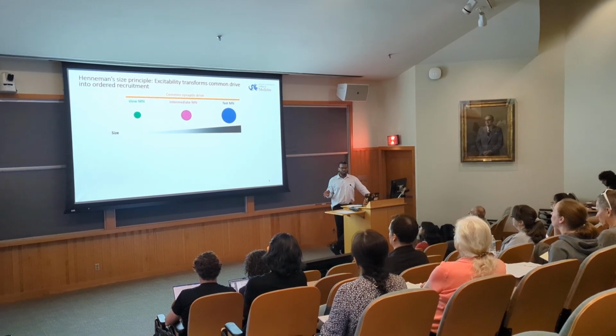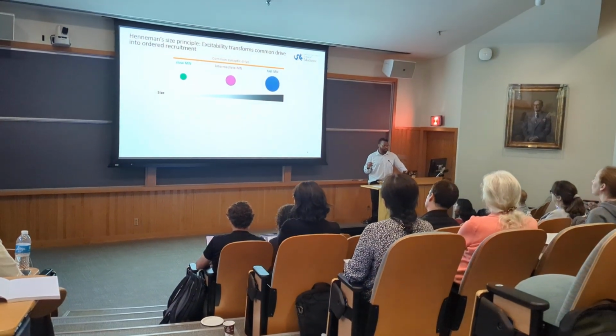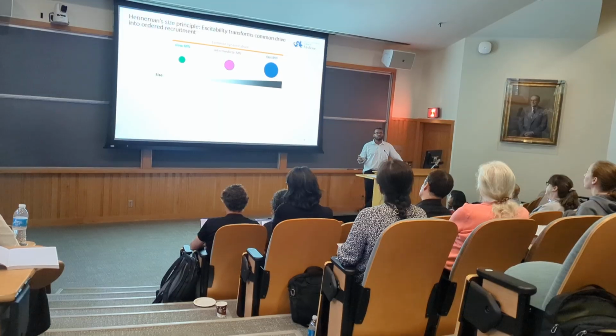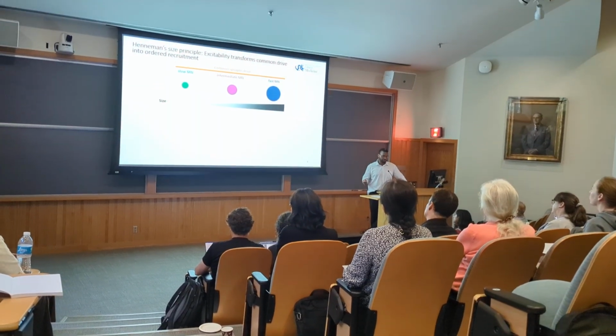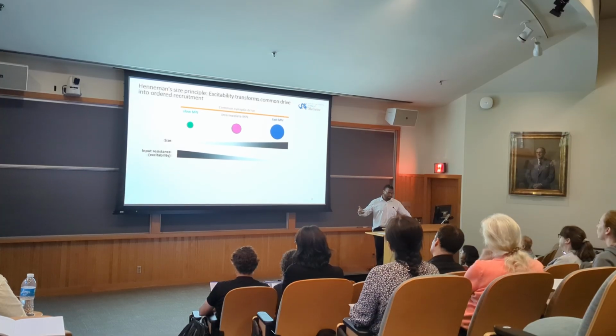The classical explanation assumes that motor neurons within a motor pool receive broadly shared synaptic drive, and that recruitment order then emerges from differences within the motor neurons themselves. Smaller motor neurons have higher input resistance, so the same synaptic current produces greater polarization.